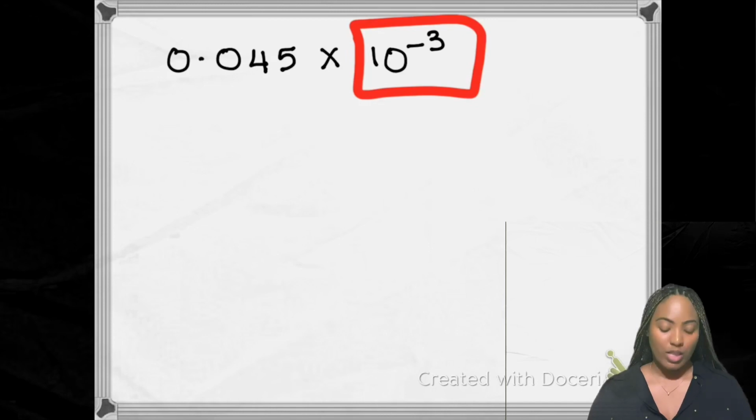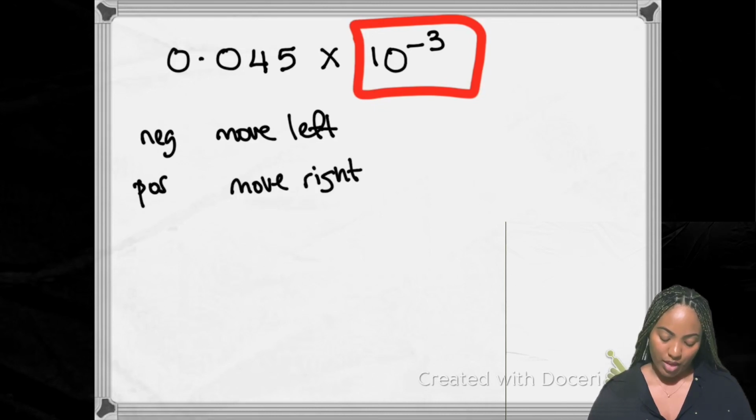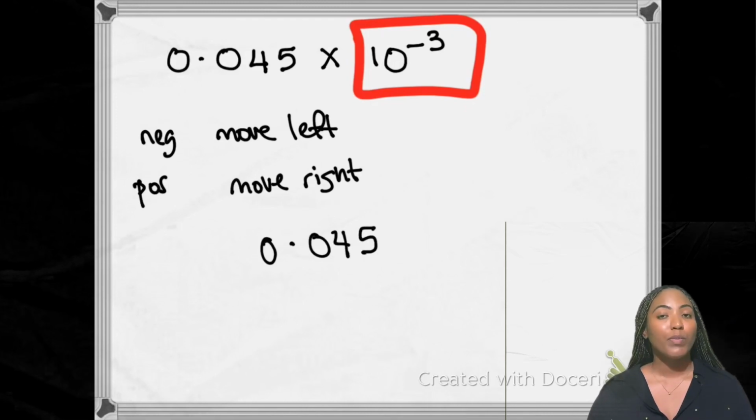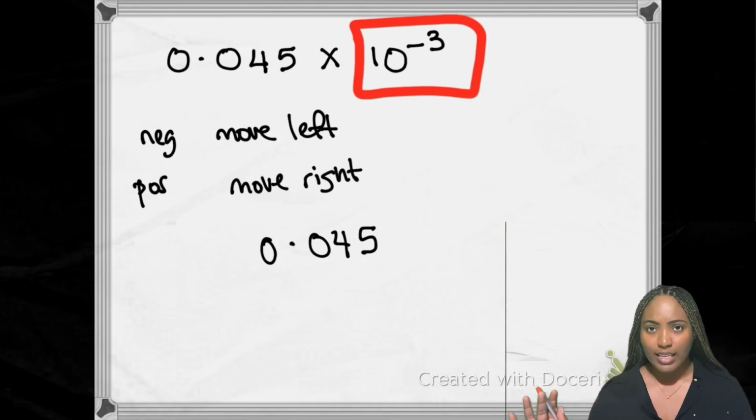Now, when we're multiplying by a 10 or any number to the negative power, it means we will move to the left. So a negative power means move to the left. If we had a positive power, we move to the right. And what do I mean by that? 0.045, before we go to putting it in scientific notation, we will try to put the entire expression in standard form, which means get rid of that 10 to the minus 3 so that we can really see what is happening.